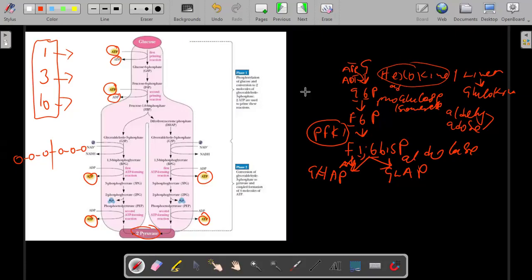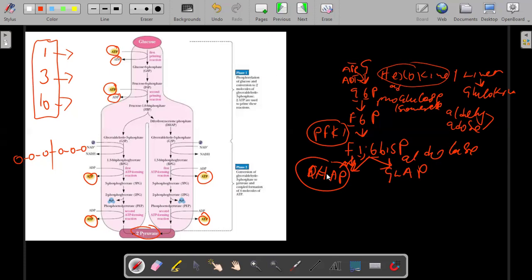Now for glycolysis to proceed, it doesn't work with dihydroxyacetone phosphate. It actually works with glyceraldehyde phosphate.